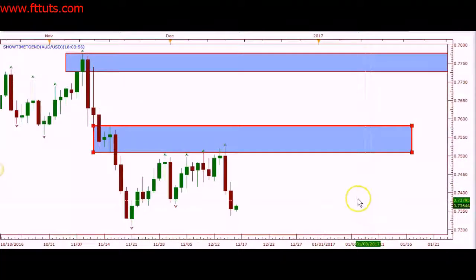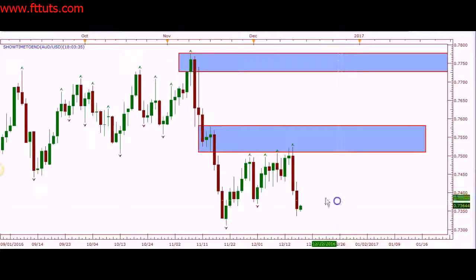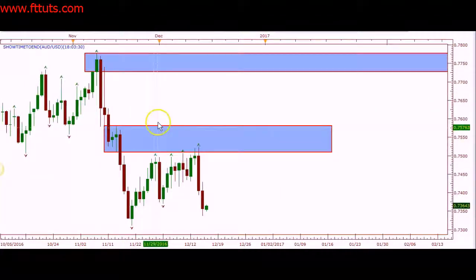So you could see why I would have drawn it in the way that I'm doing it. You have drop, base, drop, and then the market came right back to that level and then dropped to the downside. But we still have a fresh zone up here, which is an active zone that's still active.